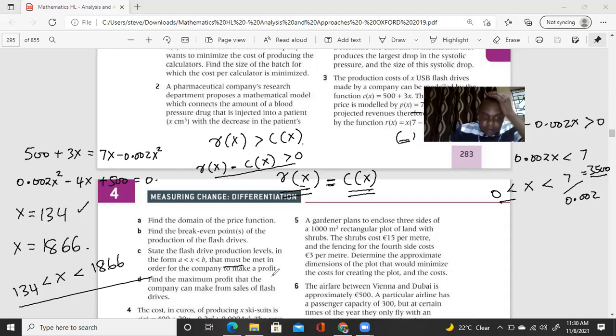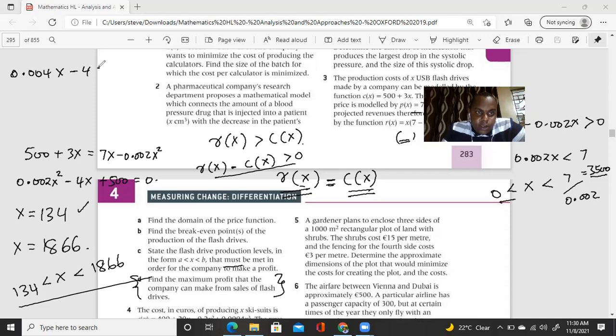That makes sense. And what is the maximum profit that the company can make from sales of flash drives? Can you try that? I think there's two ways we can do it. One that I'll do is with the derivative. So we can take the derivative of that function that we just made. That would be 2 multiplied by 0.002, which is 0.004x minus 4.